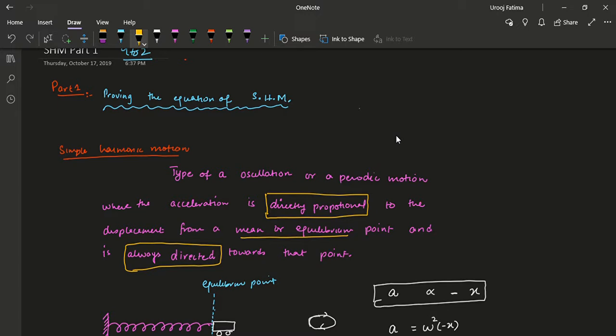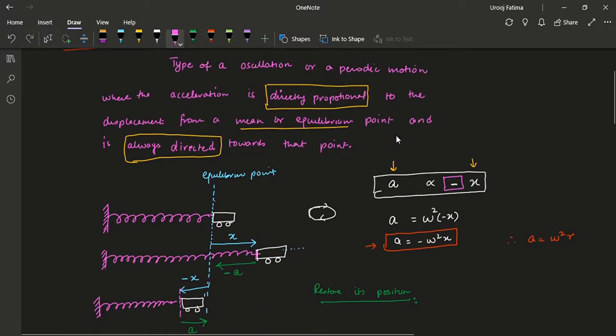Now, what it really means is that the acceleration is directly proportional to the displacement from the equilibrium point, and it is always directed in the opposite direction to the displacement. So that's the reason I have put a negative sign here.